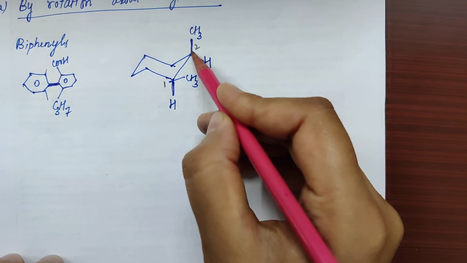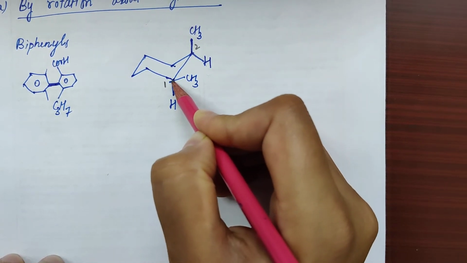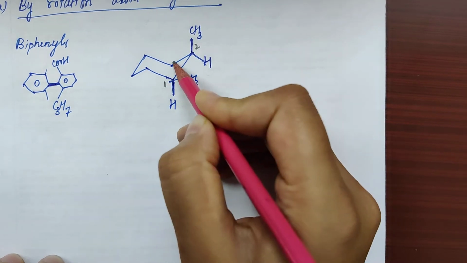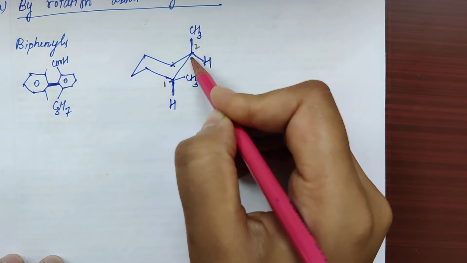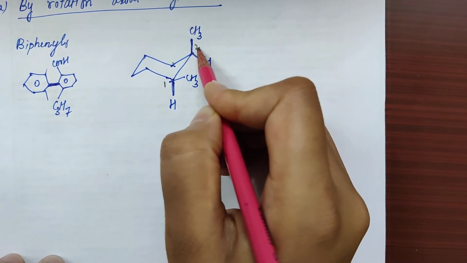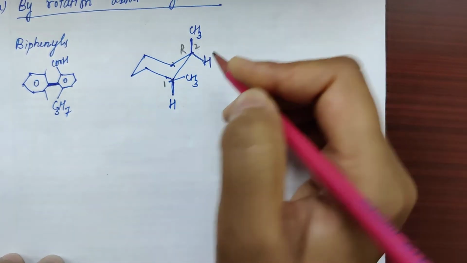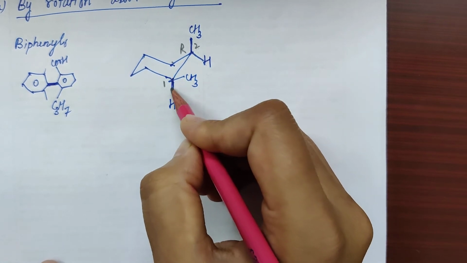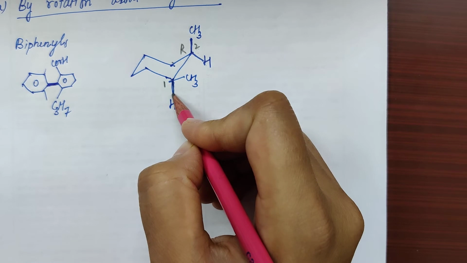Okay, and for this carbon, this is the first priority carbon, this is the second priority carbon, this is the third priority carbon. So the rotation is clockwise. For clockwise rotation, your RS nomenclature, you will be assigning it as R. Similarly, this is the axial position. Axial position means the hydrogen is not away from the viewer. It is actually on the plane of the paper.